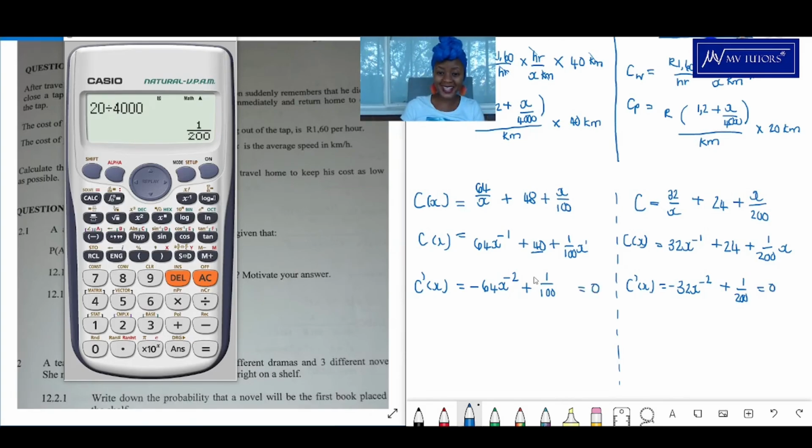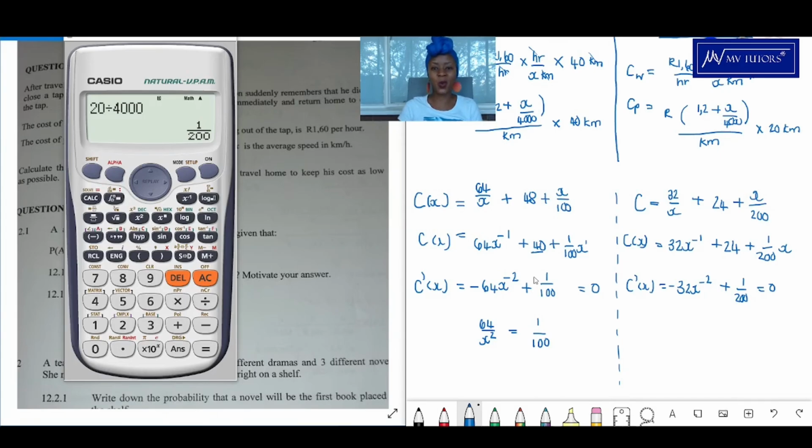Now we can solve for x. Okay, guys, we are almost there. Let's just see which is a better way to do it. I'm going to say 64 over x squared is equal to 1 over 100. It's like me taking the negative 64 x to the power minus 2 to the other side.